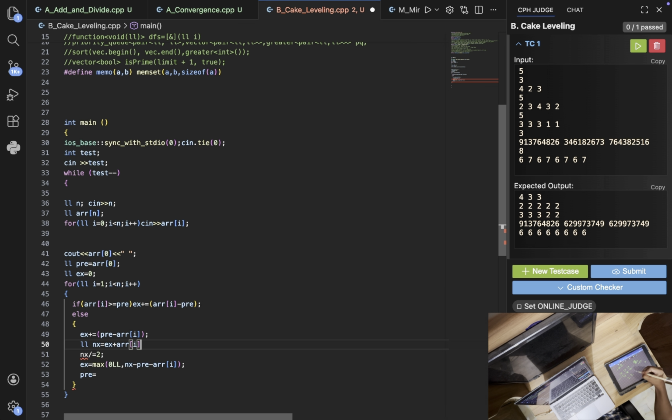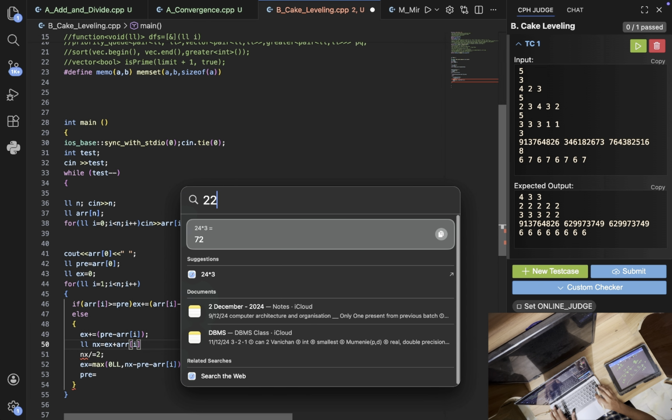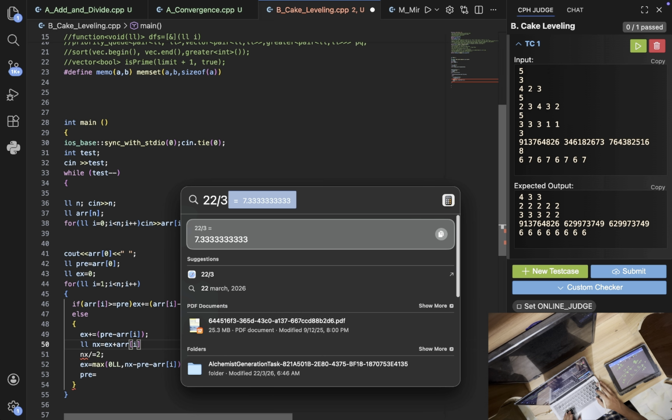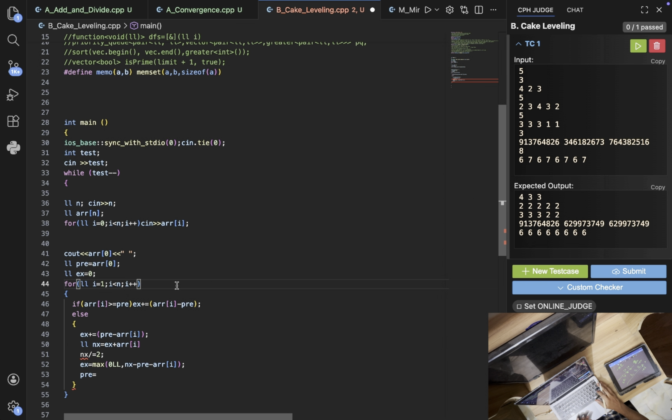So 2, 2, 2, 2. Let's decrease 1, 6, and total sum was 22. So 22 by 3 is 7, and that should be my extra.